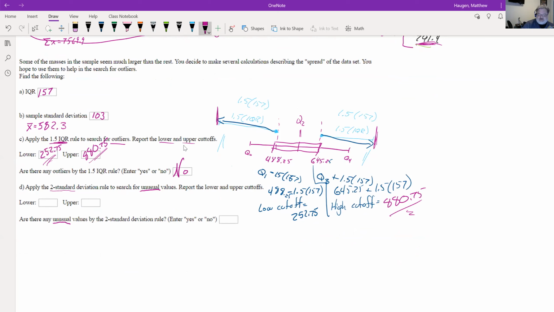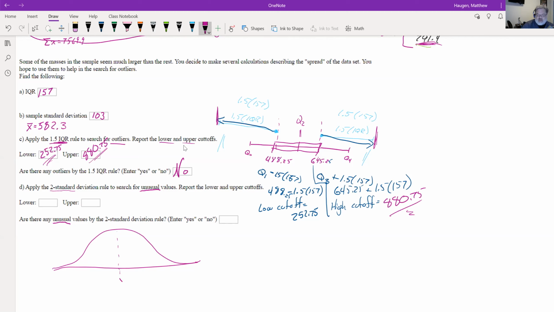The big thing to remember is when we talk about means and standard deviations, we're looking more at this kind of bell-shaped curve model, as opposed to box plots. There are really two different ways of modeling the same types of data. We're just looking at them from different perspectives.